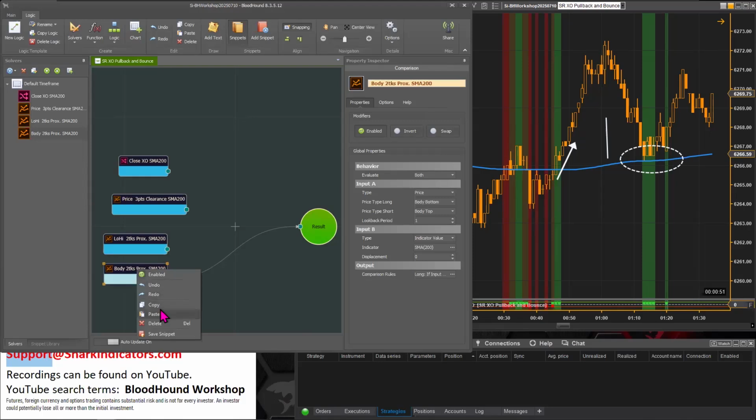Okay, so let me make a copy of this and paste it. All right, this time, this new one, we're going to switch over to the median.